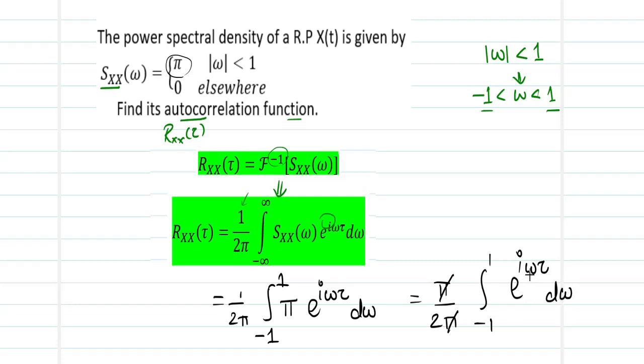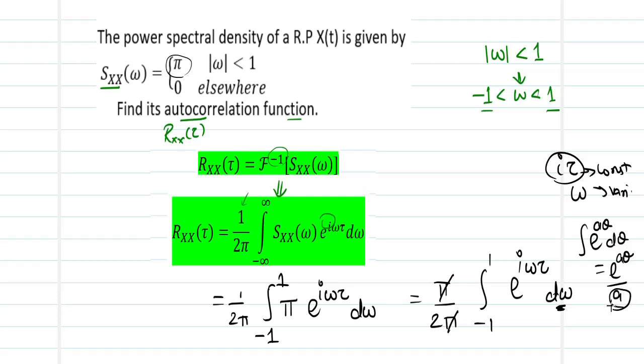Now this is integration with respect to omega. Omega is my variable, so i and tau become constants. You have to be very careful because you need to divide by the constant, because we know that the integral of e power a theta d theta gives e power a theta divided by a.